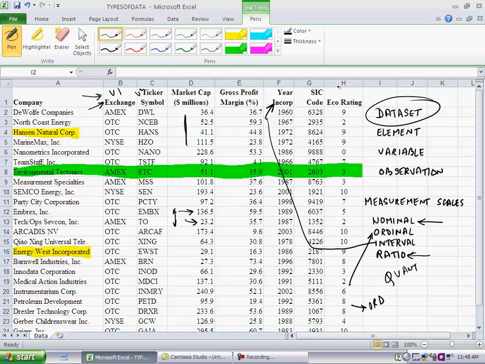So the only thing that makes sense over here for the year of incorporation is differences. So if you have two companies that have a 10-year difference in their year of incorporation, and you have another two that have 20 years, then those differences are significant. But you cannot take the ratio of two dates and say that one organization incorporated twice as long ago as another. So the ratios do not make sense, but intervals do.